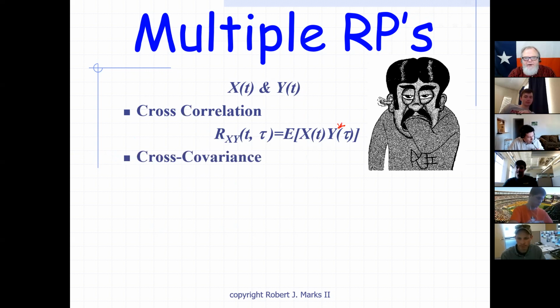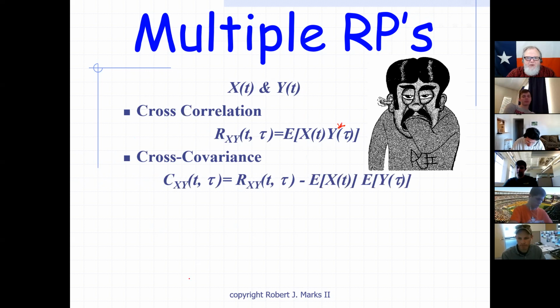And then the cross covariance, how do we get the covariance? Well, we take the correlation and we subtract the means, and that's what we do for the cross covariance. We take the autocorrelation that we had here and we subtract the corresponding means at t and tau.